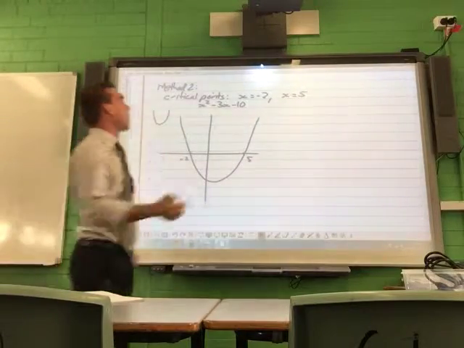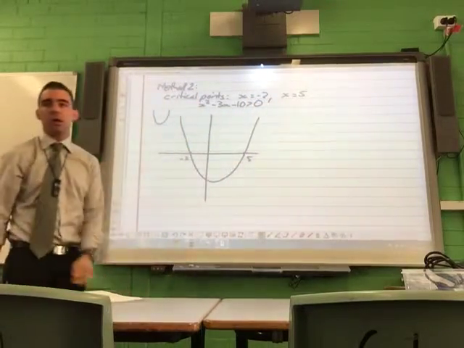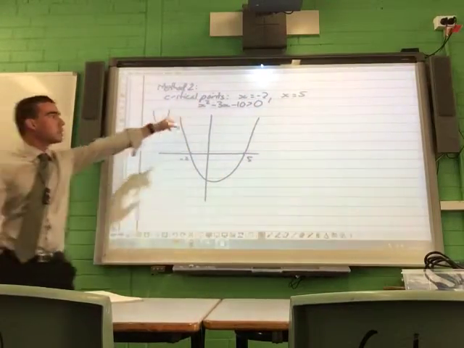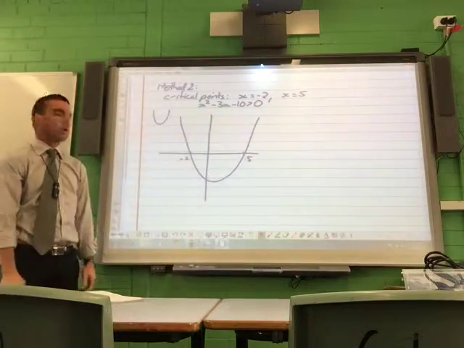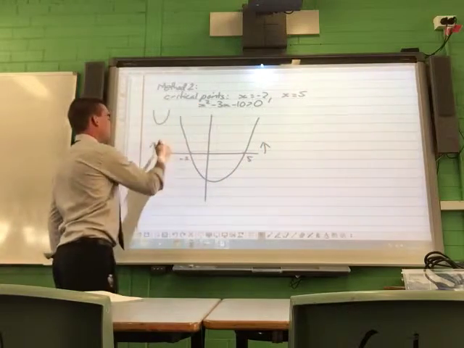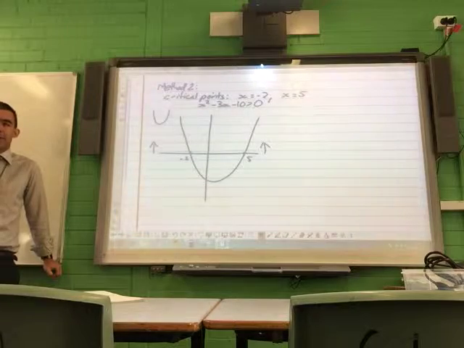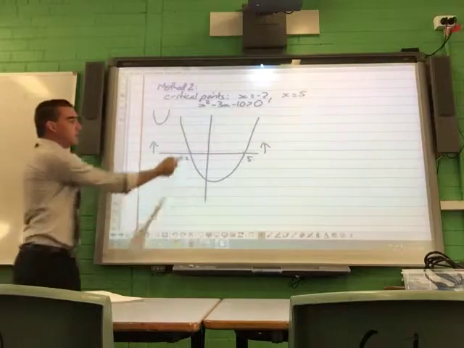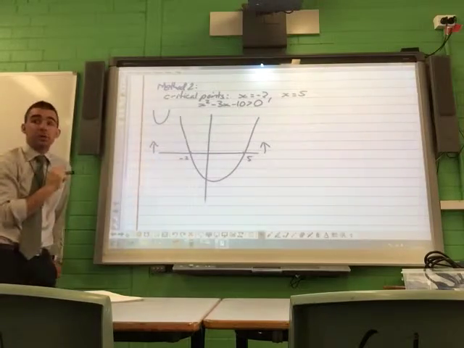Right, so the inequality itself was x squared take away 3x take away 10, which is greater than 0. Remember, this is the y value. That means you need a positive y value. So at what point on your graph is it above the x-axis, which will give you a positive y value? Any point less than -2, you'll always get a y value that is positive.